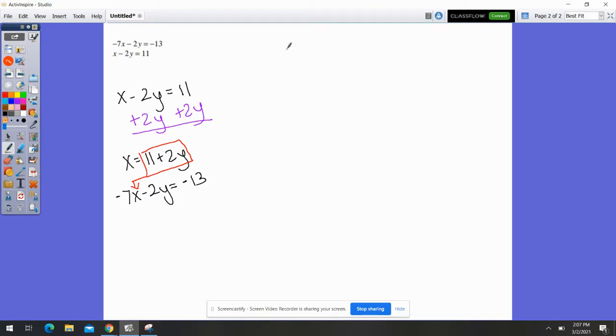So this is what it's going to look like. I'm going to have negative 7. X, we are replacing with 11 plus 2y. So I'm going to leave that as open parentheses and rewrite everything else.